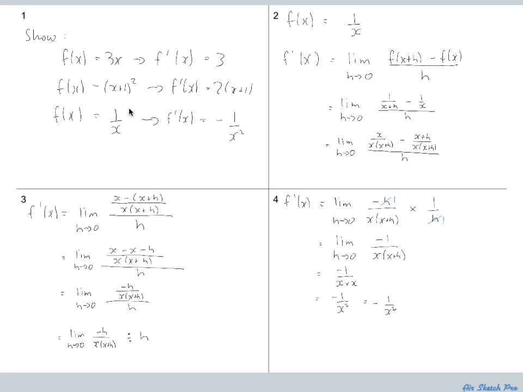Okay, so what we've just been doing for the last couple of lessons, when we've been looking at limit theory, and in particular the limit theory where we're finding the gradient function, is a process called finding the derivative by first principles.